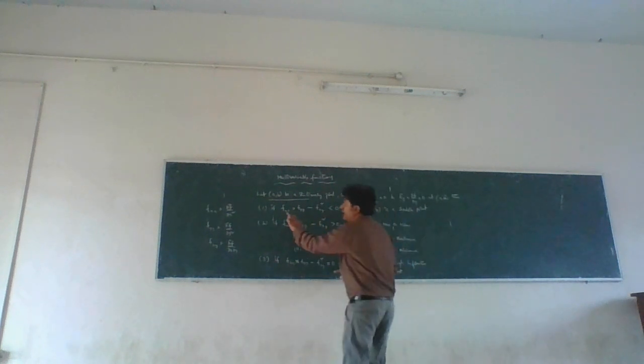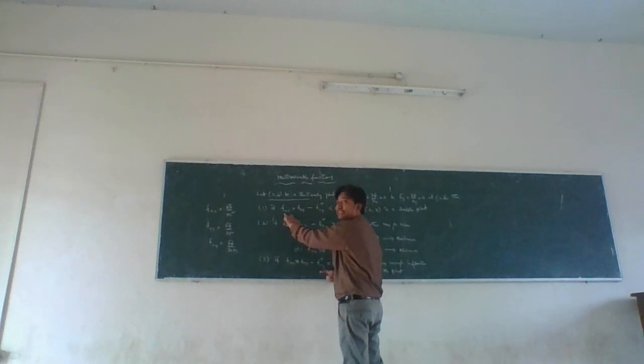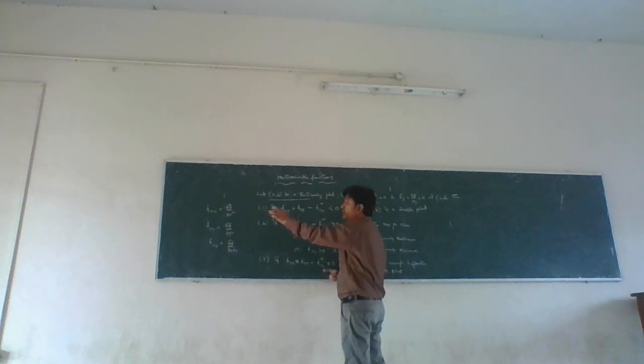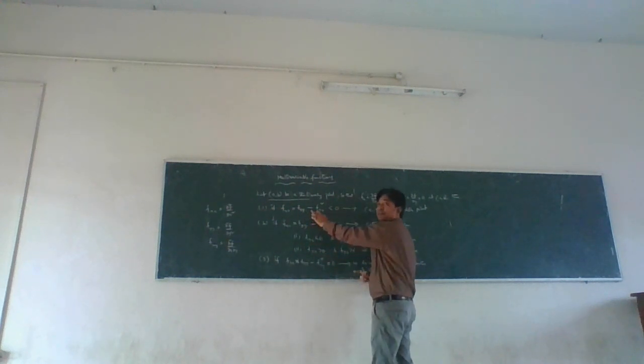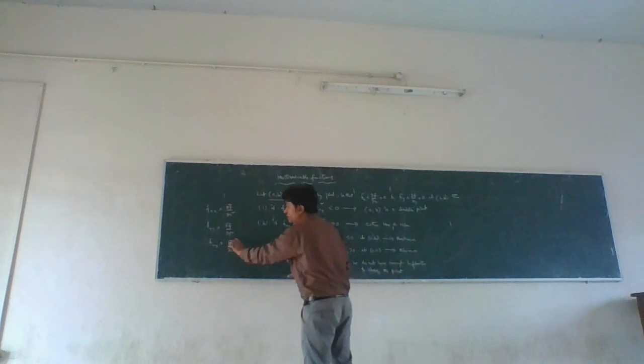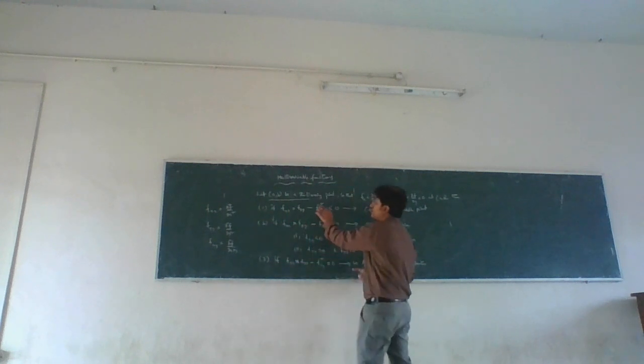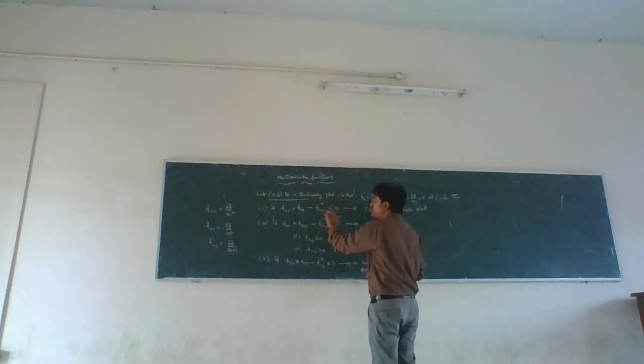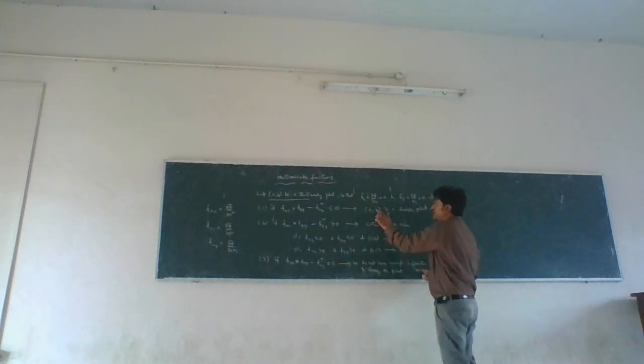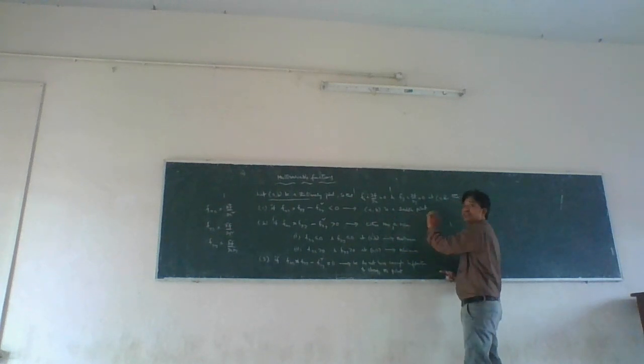Then take fxx, that is ∂²f/∂x², and fyy, ∂²f/∂y². You multiply them and subtract fxy whole square. What is fxy? ∂²f/∂x∂y. Take the whole square and subtract it. Now if this expression is less than 0, then at that point (a, b) it will be a saddle point.